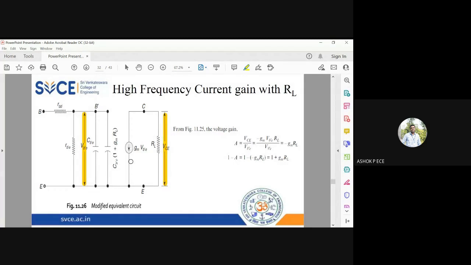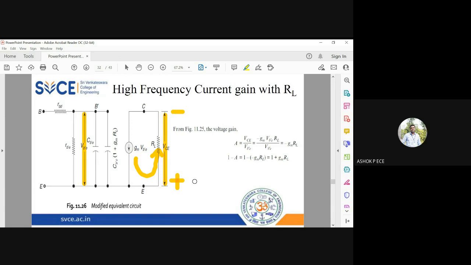The current gm VB'E is going to flow like this in the circuit, so the polarity of plus will be here. Depending on the current flow, you will have the polarity. So this terminal will correspond to plus and this terminal will correspond to minus. Since the polarity is going to change, you will get a minus sign.